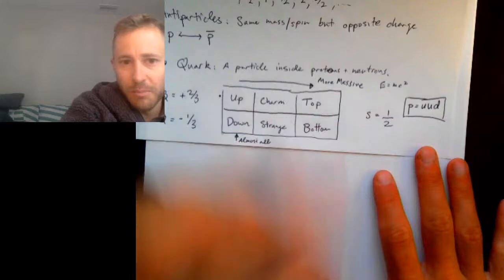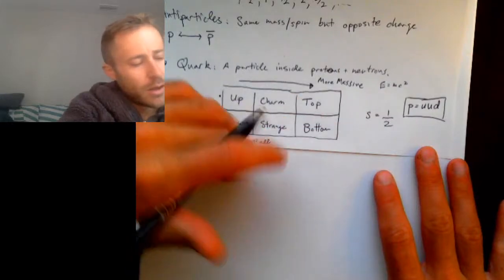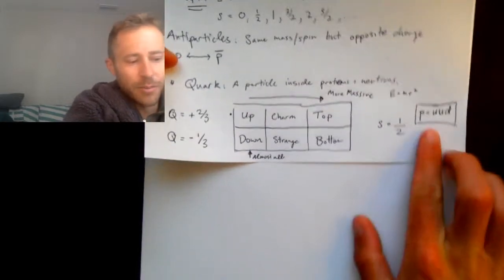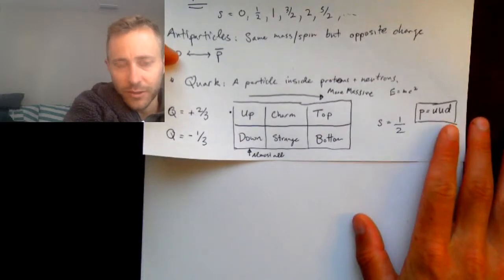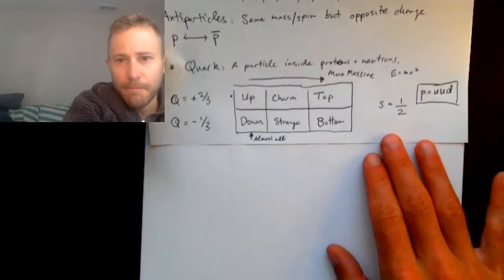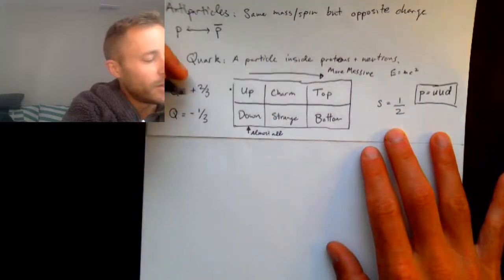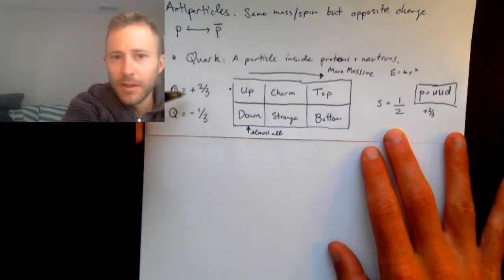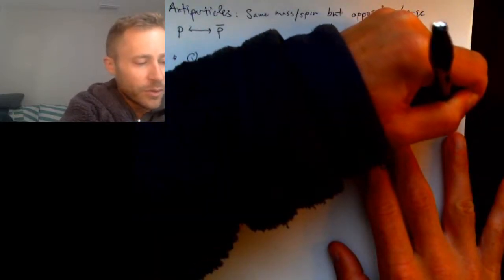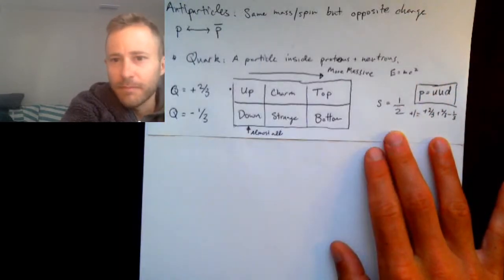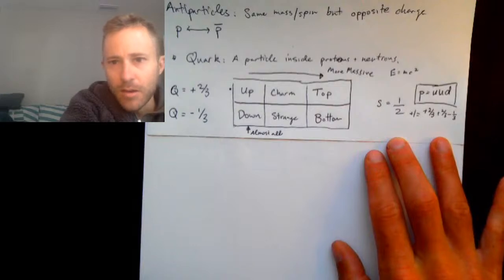So a proton is made up out of 3 quarks. If we looked at what is the electric charge of this, what we do is we add up the electric charge of all the quarks, and that's going to be the electric charge of the thing that they're making. So up, up, down is going to have a charge of plus 2/3 for the first up, plus 2/3 for the second up, minus 1/3 for the down. And if you add that all up, it's a charge of plus 1.